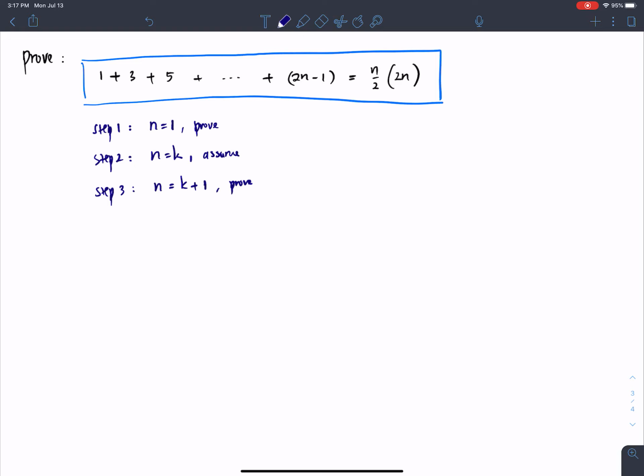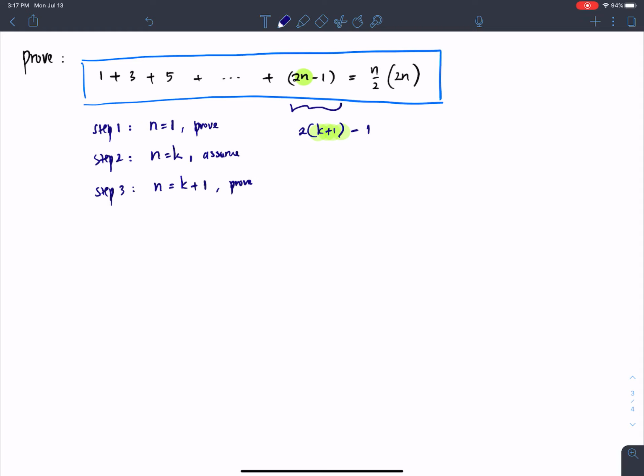So if you look at the final model over here, we must reach k plus 1 minus 1. You see the n here changes to k plus 1.